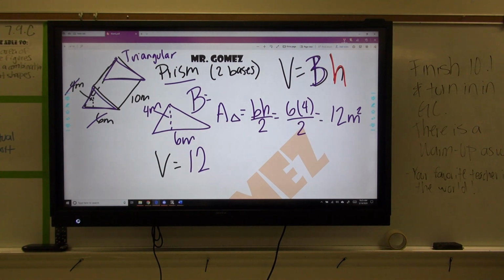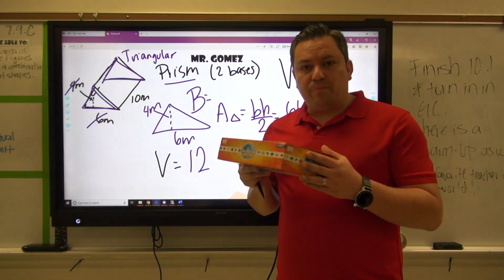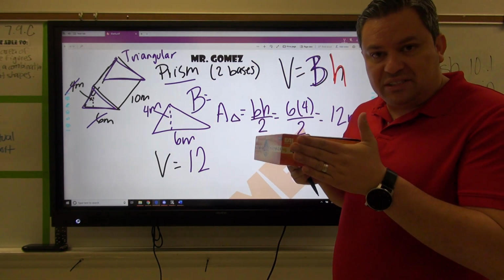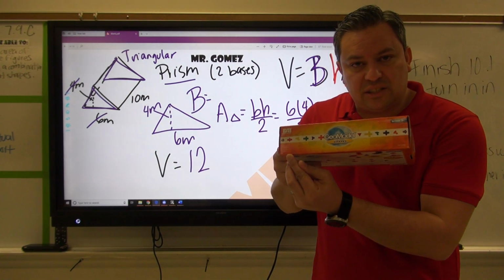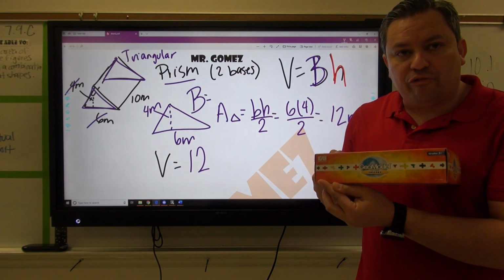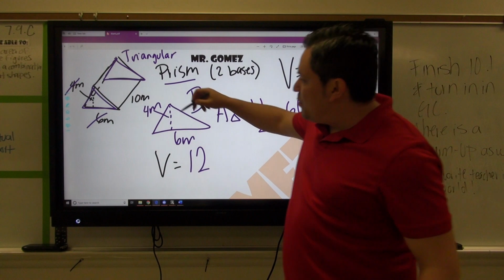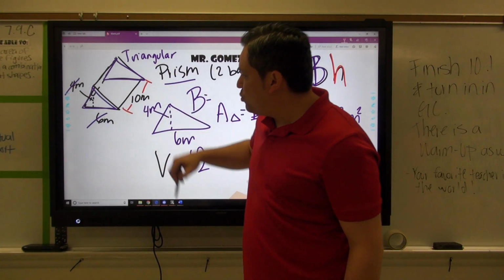So for example, if I have a box, I know this is a rectangular prism, but my base is right here. The H is going to be the distance from this end to this end, this distance right here. That's my height, the height of the prism itself. So the only number that I haven't used is the 10, and the 10 is the distance between the two bases.